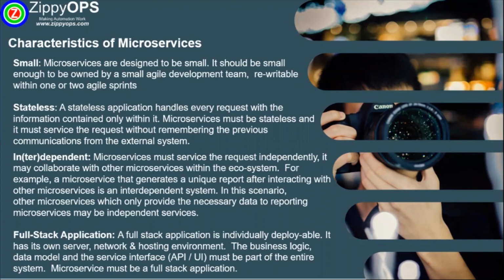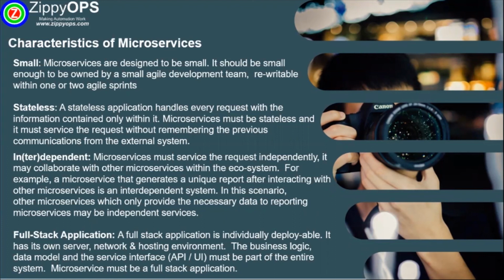It should not be dependent on any other system, and it should be able to service the request without remembering the previous state. So if this customer has ordered something previously, those kinds of dependencies should not be there. This is an example of a stateless application.